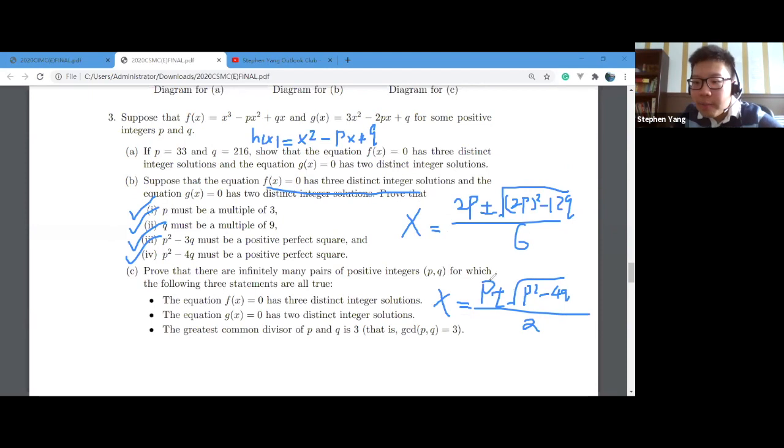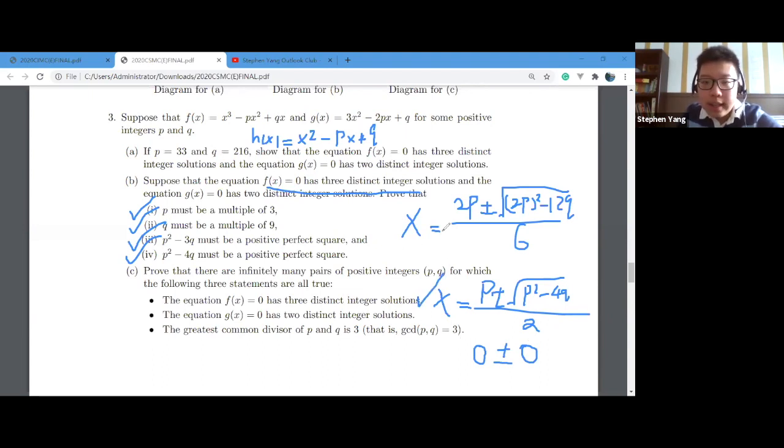So if p is an odd number, p squared will be an odd number, and p squared minus 4q would also be an odd number, and the square root of an odd number would also be an odd number. So it will be an odd number plus or minus another odd number, which means the top will definitely be an even number. So in this case, x is an integer, that is no problem.